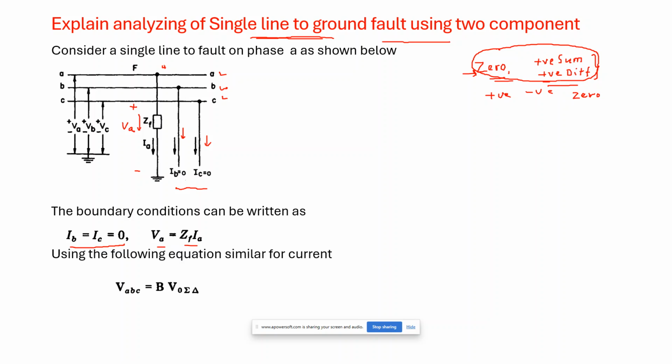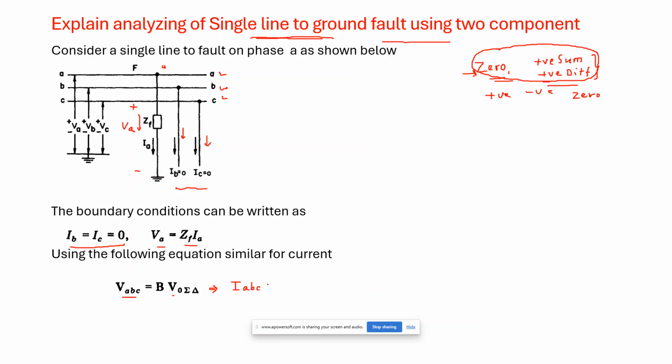So now, using the similar equations from the previous video, where I have given the two component model, that is VABC equal to B into V naught, sum, delta. Now this equation, don't write this equation in the exam. Now we have to write the current equation.